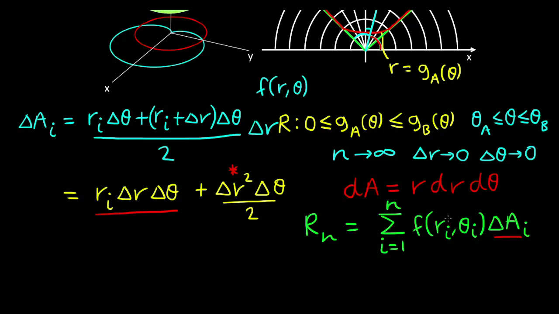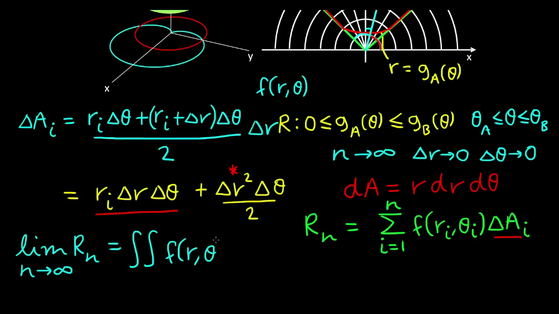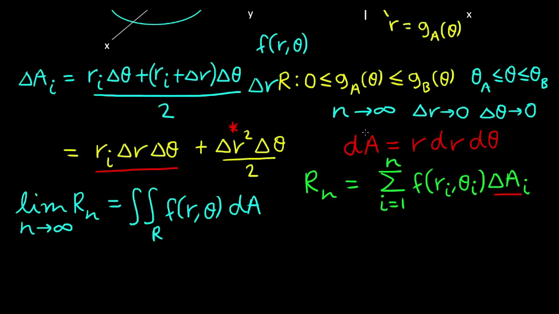So as we did previously, we take the limit of the Riemann sum as the number of rectangles lying completely inside the region goes to infinity. So recall this limit in general was equal to the double integral of a function, in this case of the polar coordinates r and theta, over the region R. And we see that this differential area element is r dr d theta.